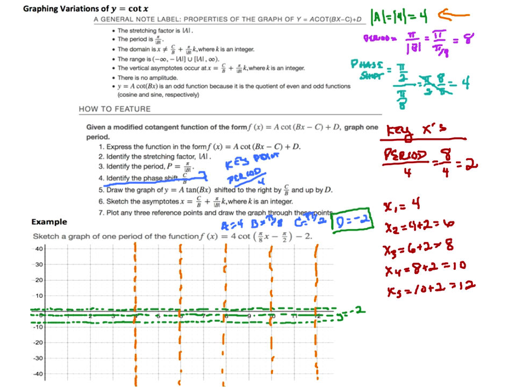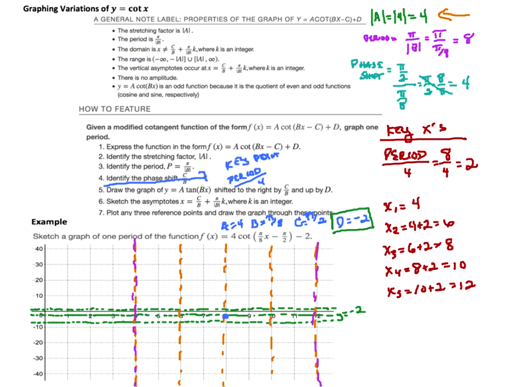All right, so I know that in the very center between my asymptotes, so let me actually make my asymptotes different colors. So I have an asymptote here and an asymptote here. All right, so in the middle, my midline intercept is right in the center.